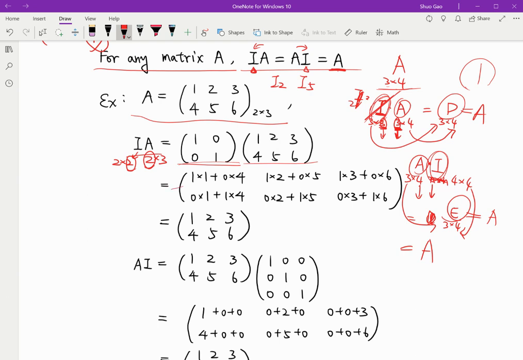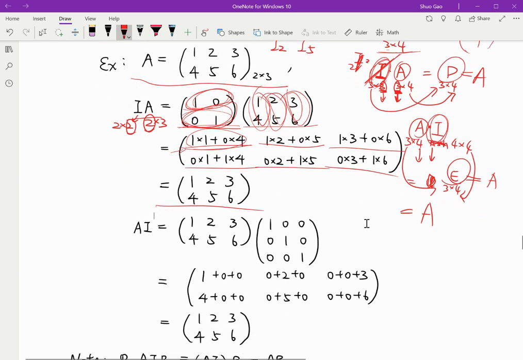I'm going to skip how to calculate this because I've talked about how to calculate matrix multiplication before. First, this row and this column give this element here, then the first row, second column here, the first row, third column, and then the second row, first column is here, second row, second column is here, and the second row, third column is the last one. And then we can find that it's still 1, 2, 3, 4, 5, 6. You can calculate that yourself.